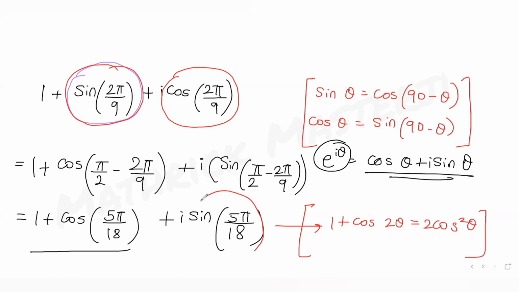For sine also, I make it the same angle, because this angle is becoming half now. So sin 2θ I can write as 2 sin θ cos θ. I'm using these double angle formulas. So 1 + cos 2θ becomes 2cos²θ, and θ is nothing but half of the previous angle, so 5π/36.